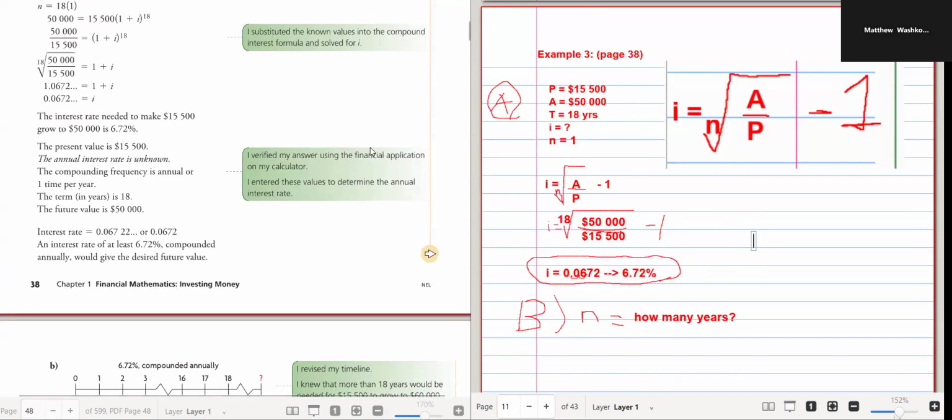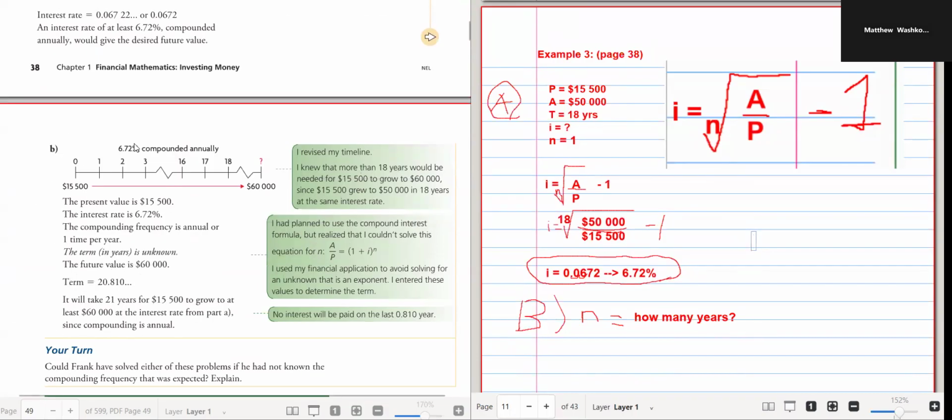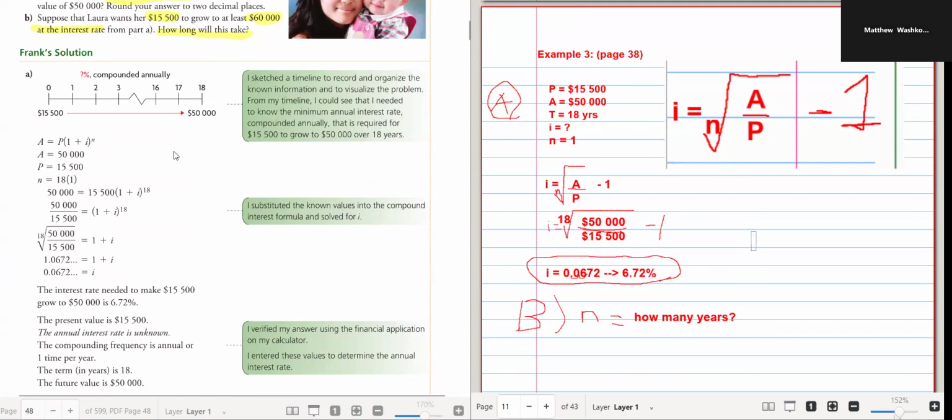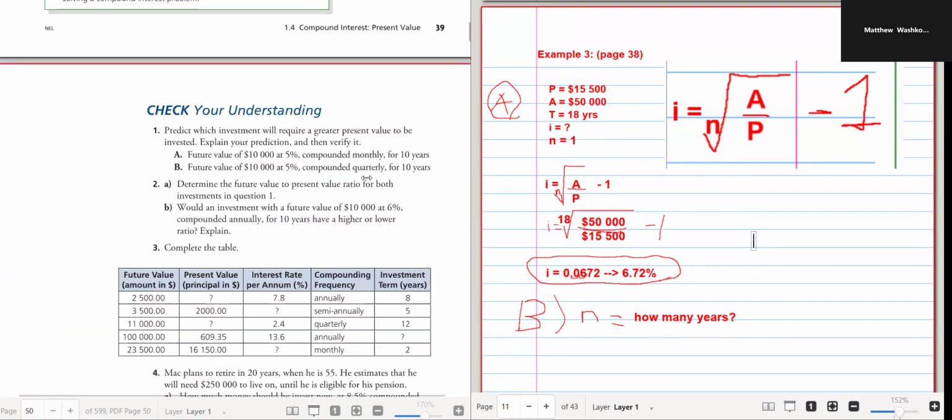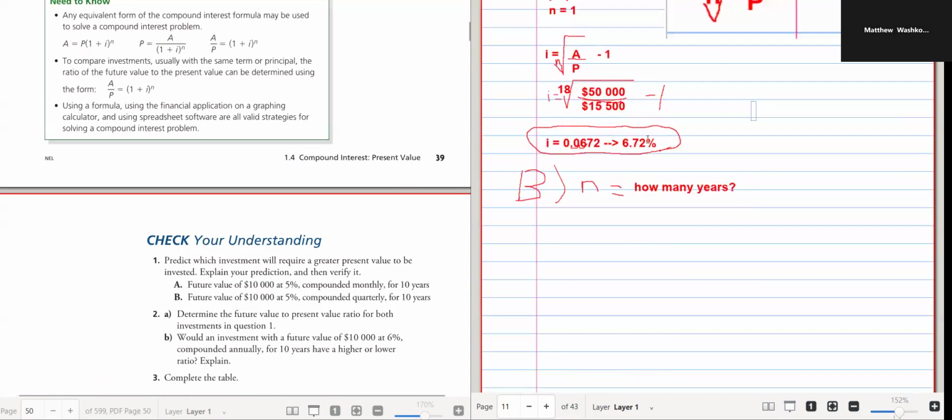We're not going to worry about B. You know it's going to be at least 18 years because it took 18 to get to 50,000. You could try some rule of 72 stuff, but generally speaking, if it's asking to find n, we're not going to deal with that in this class. We're not going to deal with that, at least with this formula here, because it does require logs to accomplish. So that's 1.4.